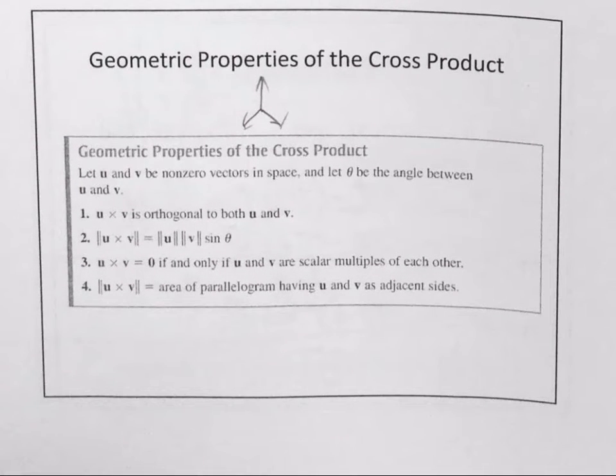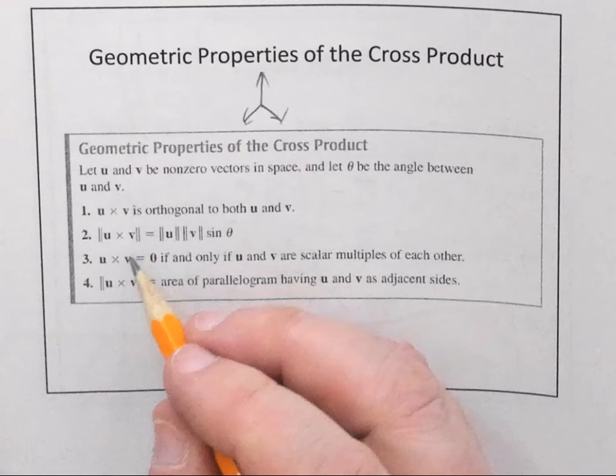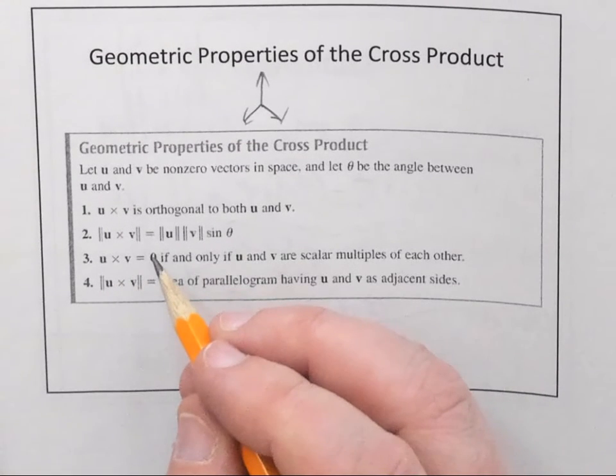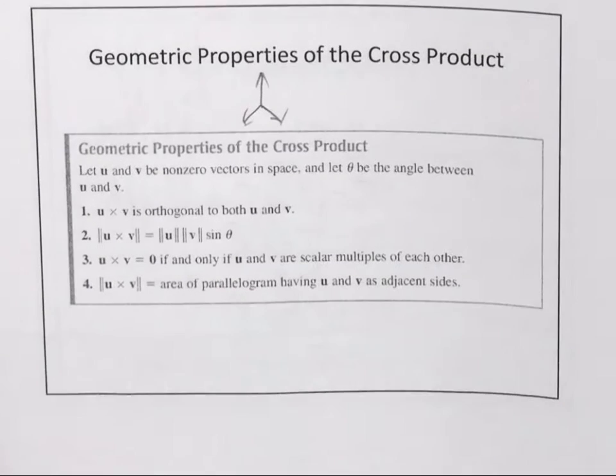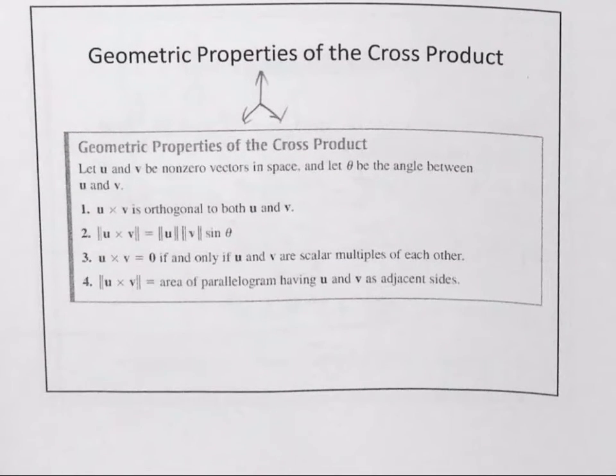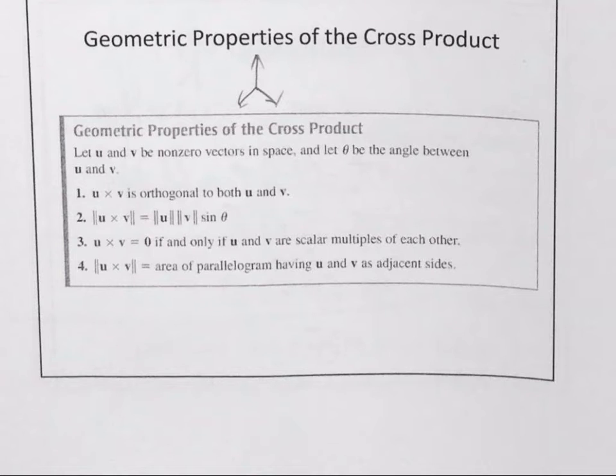So a lot of times you actually end up describing things using that. If I cross 2 vectors together and take their magnitude, that's actually going to be the same thing as the magnitude of each individually multiplied together, times sine of theta, the angle between the 2 original vectors.